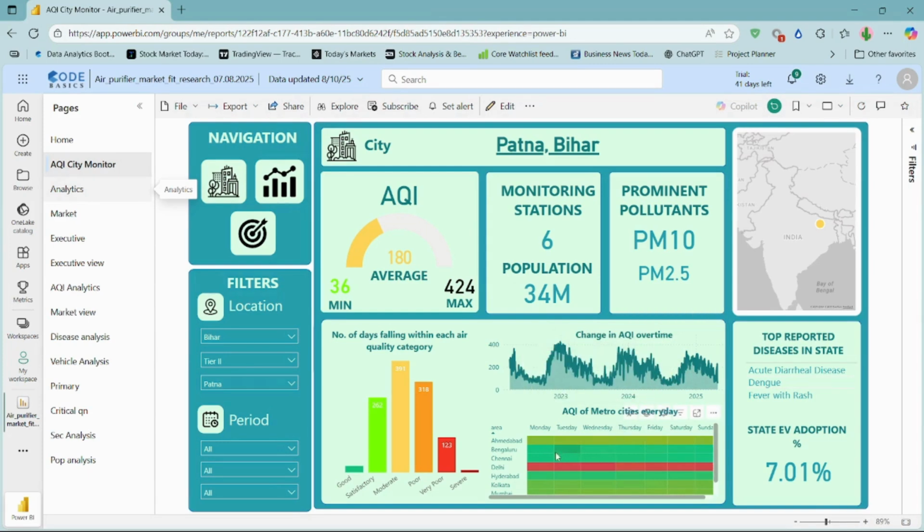So these are the AQI of metro cities on different days of the week. Here we can see the top reported disease in each of the states, as well as the EV adoption percentage in each of the states.